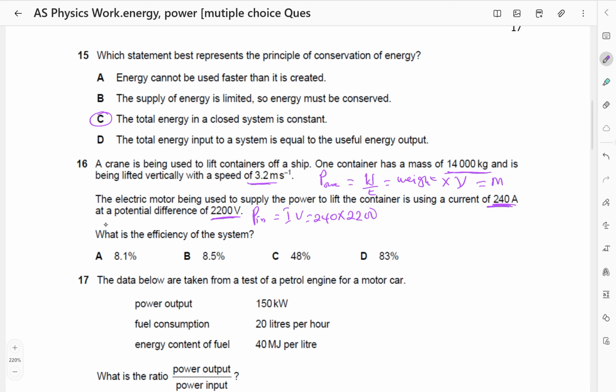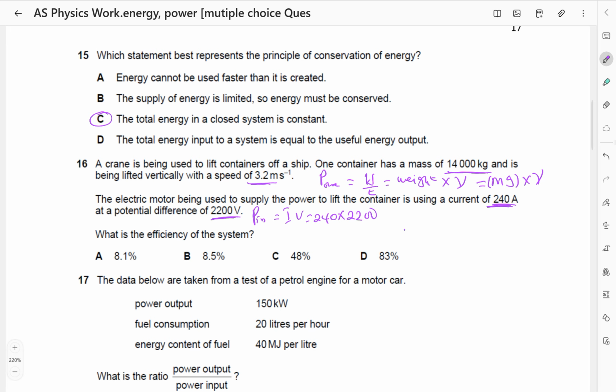So this will be m times g, that is the force, times velocity, because power is force times velocity. The force will be the weight. We are trying to overcome the weight at a speed of 3.2 meters per second.